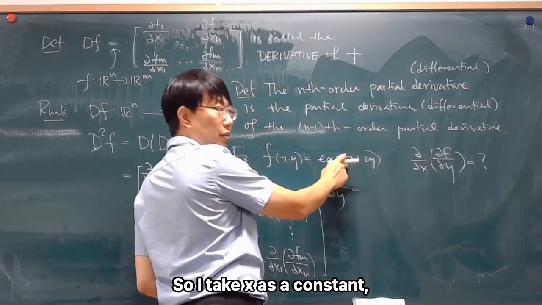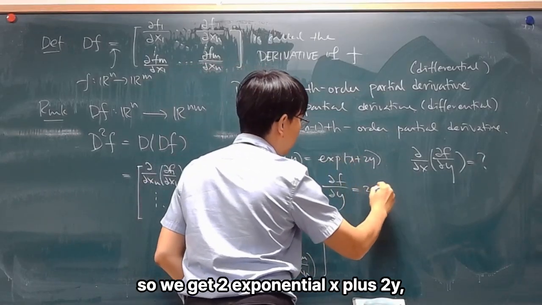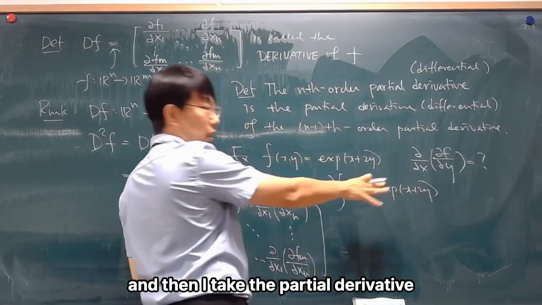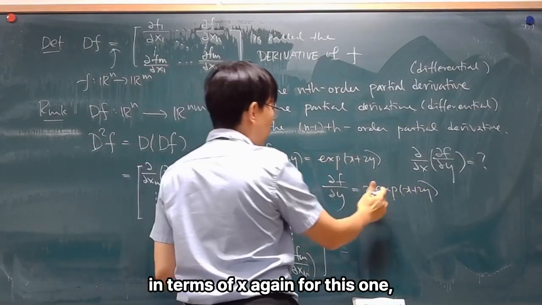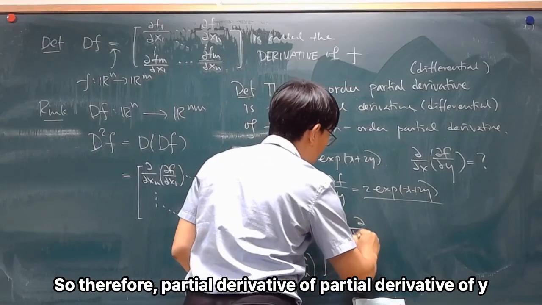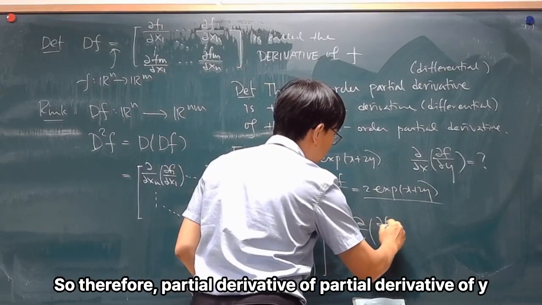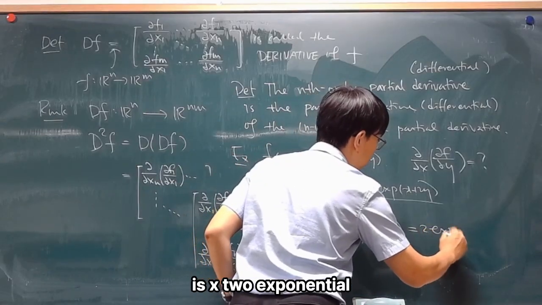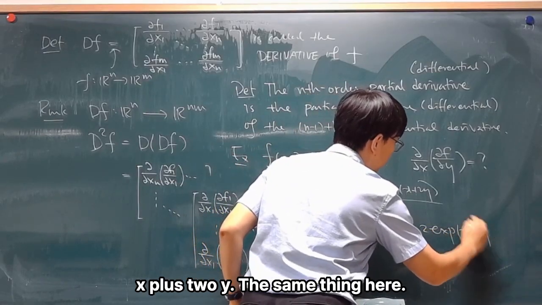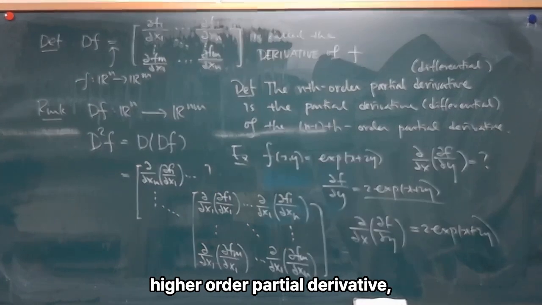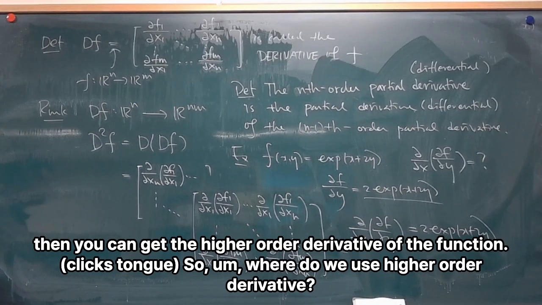I take x as a constant, so we get 2 exponential x plus 2y. Then I take the partial derivative in terms of x again, as if this is a new function. Therefore the result is 2 exponential x plus 2y. So you can get the higher order partial derivative, and then the higher order derivative of the function.